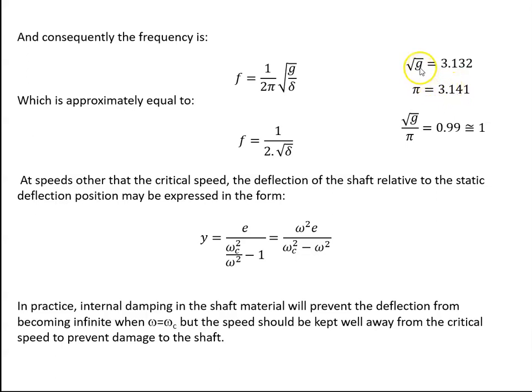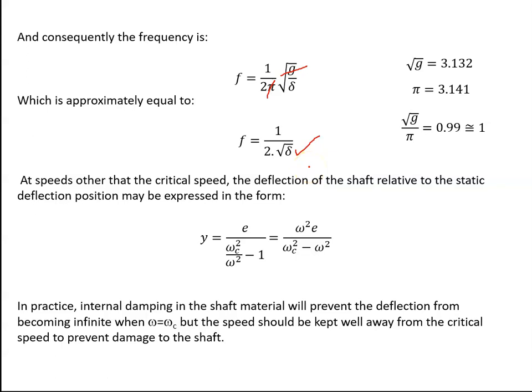So if I divide root g by pi, I get 0.99 something. Okay, so we can say that's approximately equal to 1. So these cancel out. So we're left with the frequency, or the revolutions per second, is equal to 1 over 2 times the square root of d, and this is the static deflection.